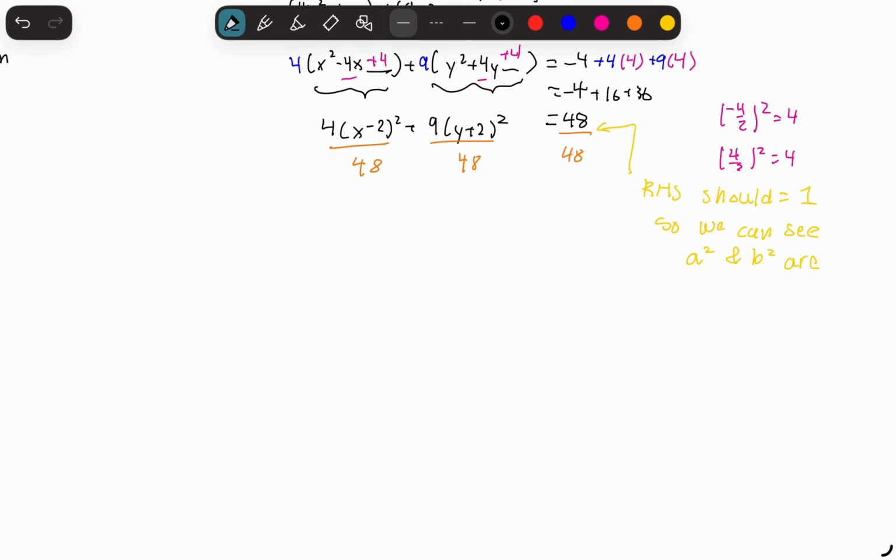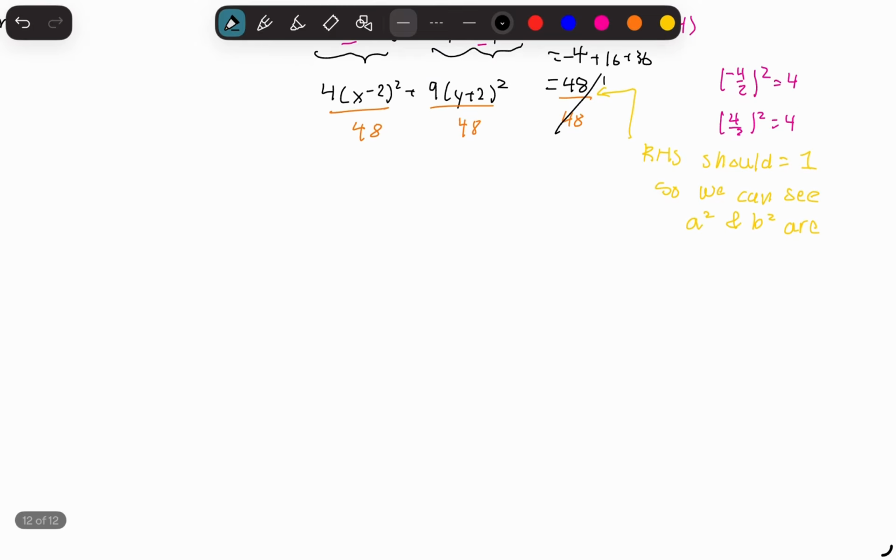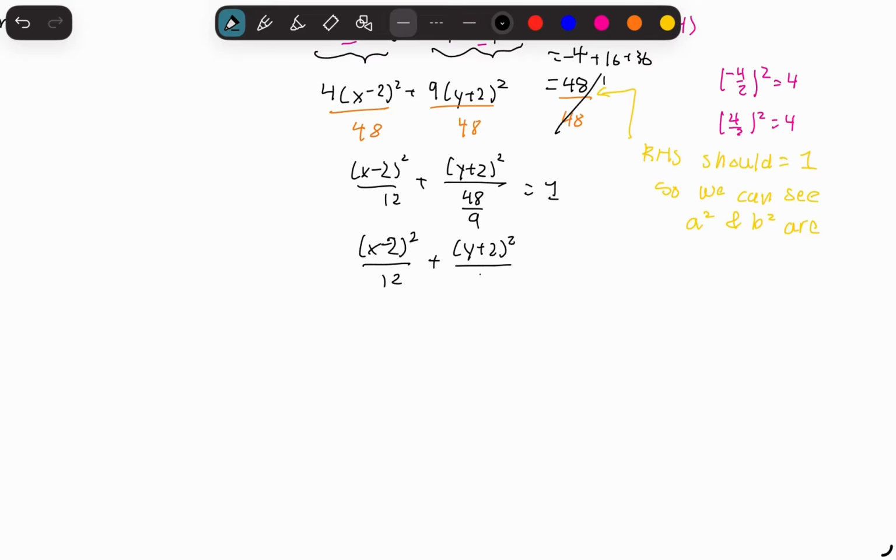So after this, that's equal to 1, and this is going to be equal to 4 over 48. That's going to be 1 over 12. So you have (x minus 2) squared over 12 plus 9 over 48. So that would be (y plus 2) squared, and you could just flip that as a fraction in the denominator, so that'd be 48 over 9 is equal to 1. Now this is (x minus 2) squared over 12 plus, simplified, (y plus 2) squared over 16 over 3 is equal to 1.